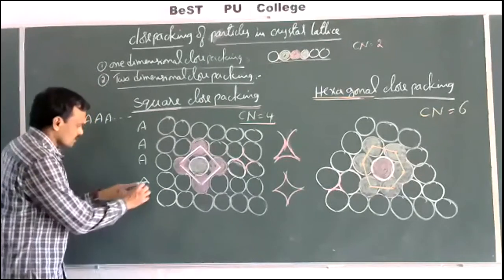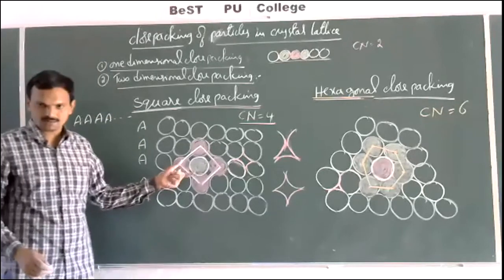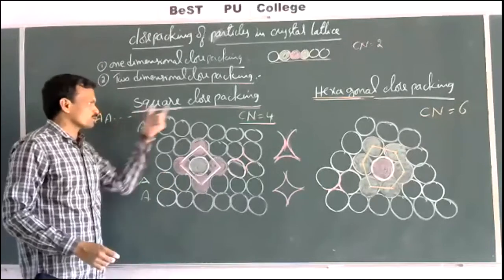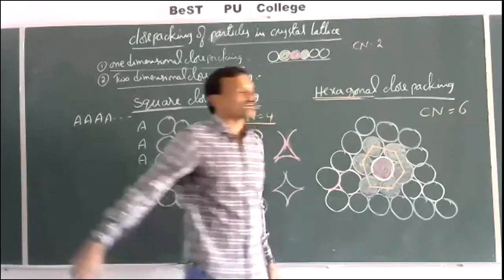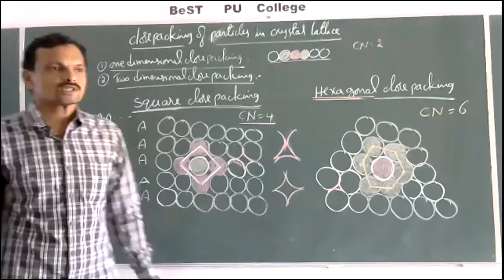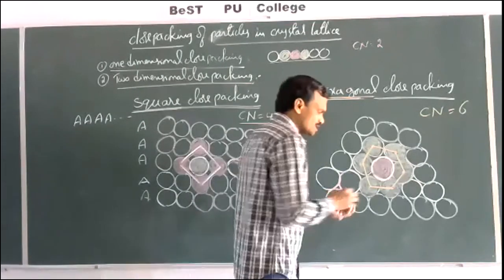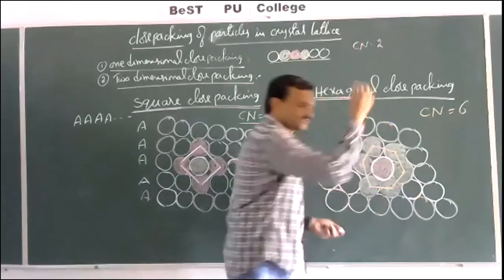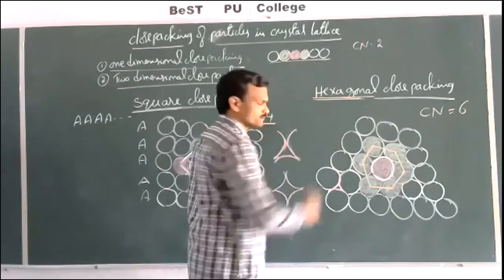Now here the same layer gets repeated. This type of arrangement is known as AAA type of two-dimensional square close packing. Now come to the next one, hexagonal close packing. Suppose you are placing the second row over the first row in such a way that the depressions of the first row get covered, then this is the arrangement we got.